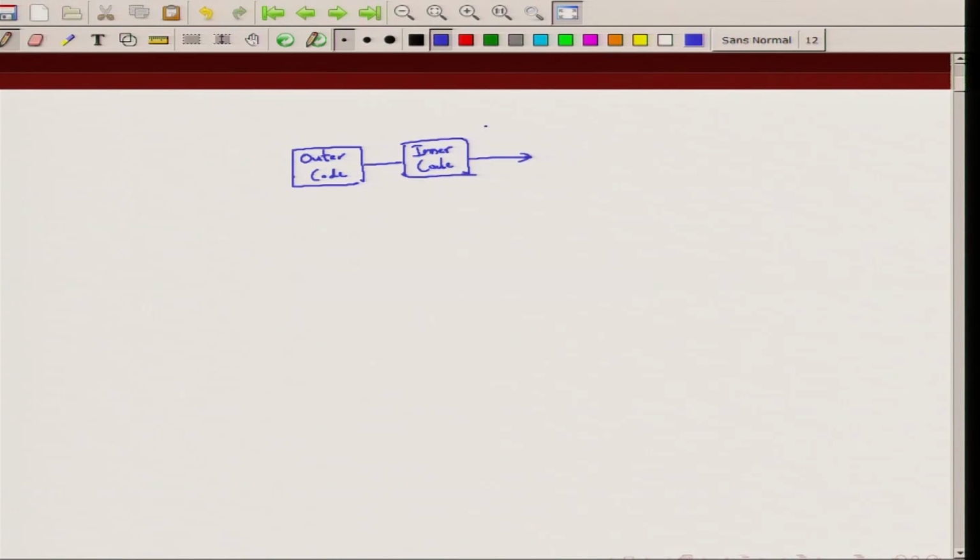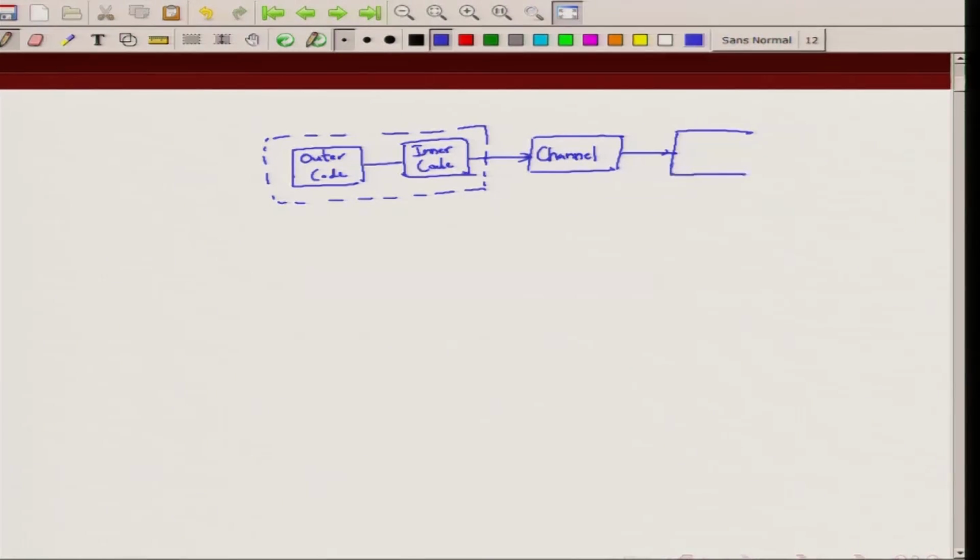So, you are creating a more powerful code using two codes, and you send your coded bits through a channel, and then you have the decoder for the inner code.